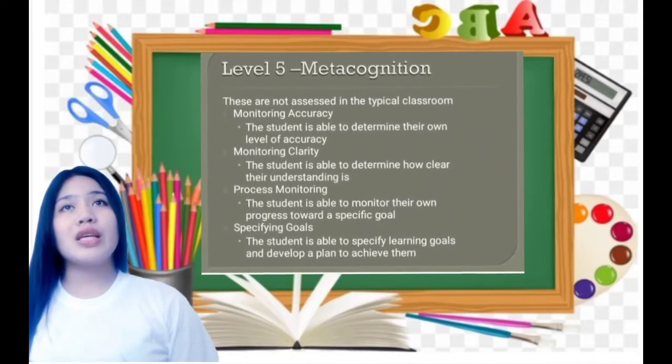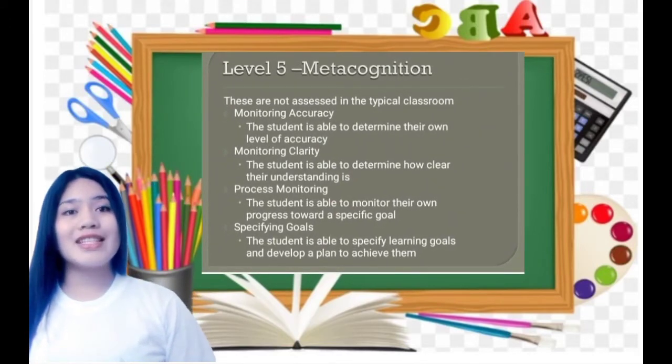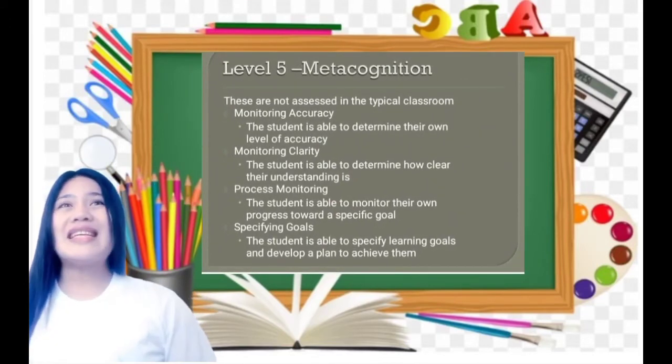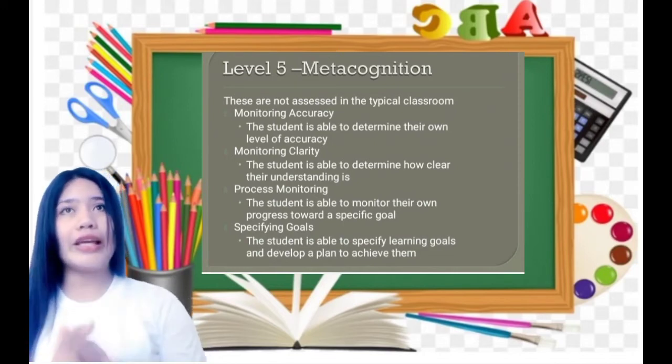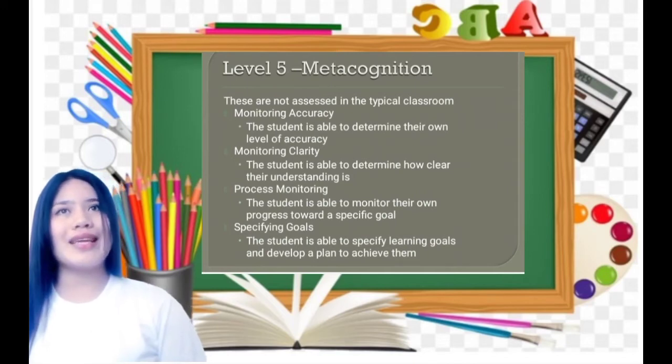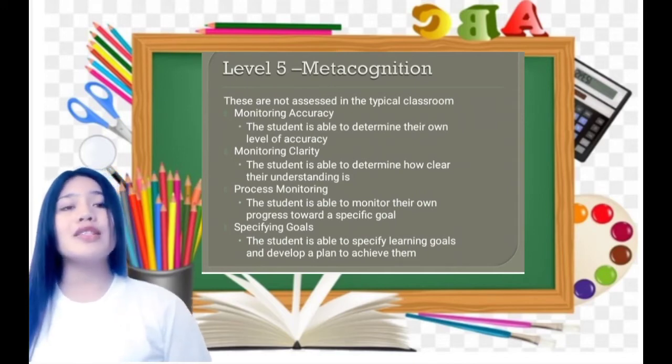Now let's proceed to level 5, which is metacognition. These are not assessed in the typical classroom. So under here are monitoring accuracy, monitoring clarity, process monitoring, and specifying goals. In monitoring accuracy, the student is able to determine their own level of accuracy.